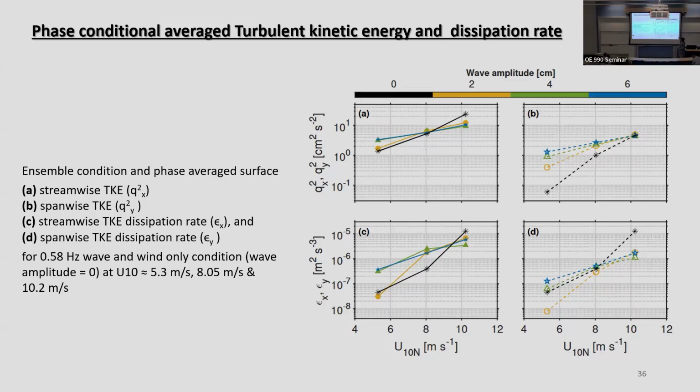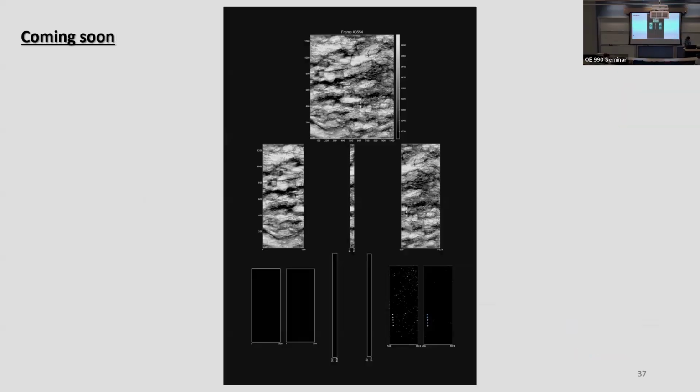The TKE in the spanwise direction just asymptotes to a single value. TKE dissipation rate shows something similar in the spanwise direction as it does for the TKE. And this is our plot for the TKE dissipation rate in the Y direction.